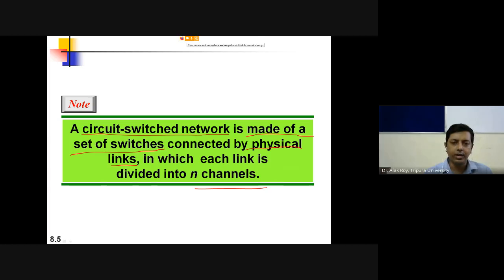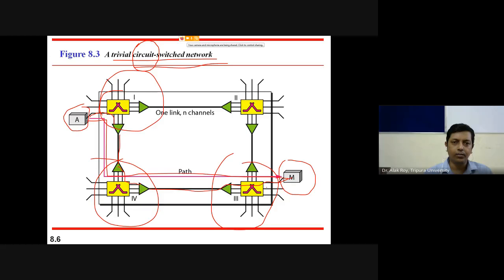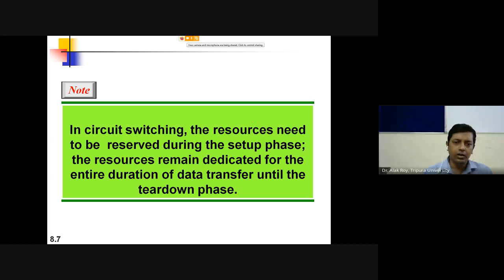It can be 5, 6, 7, any number of channels. In circuit switching, resources need to be reserved. Please remember this line. Resources need to be reserved during the setup phase. The resources remain dedicated for the entire duration of data transfer until the tear down phase.